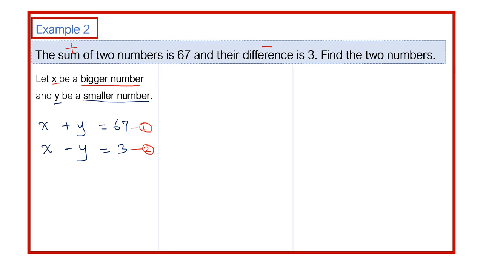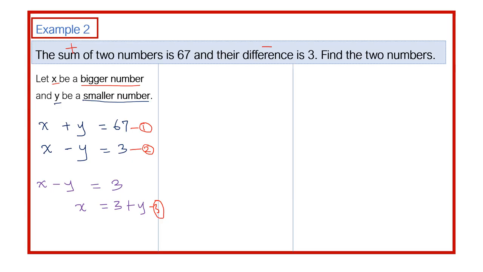Since in the first example we used elimination method, let us now try to use substitution method. So we can use equation number 2. Since x minus y equals 3, it means that x equals 3 plus y. We call this equation number 3.